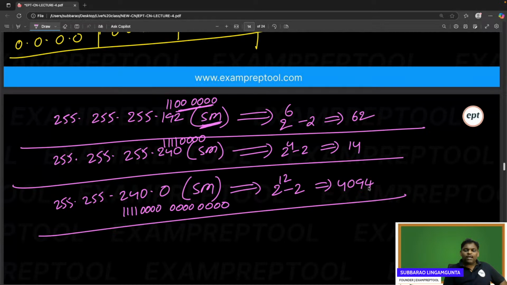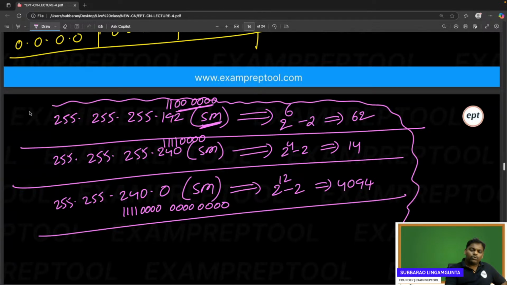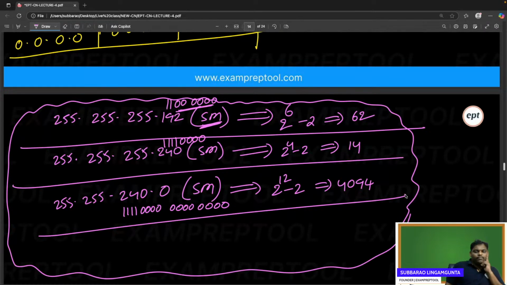Someone is saying it is a class C. Who said to you class C? It is a different story. We are talking about subnet mask. Who said to you it is a class C? We are talking about a new story.